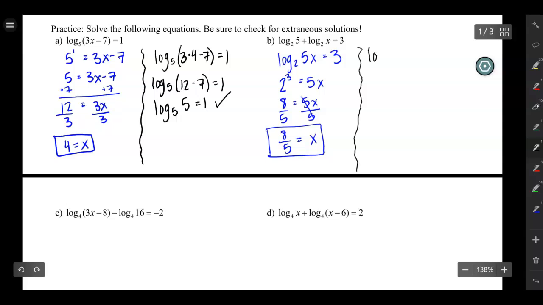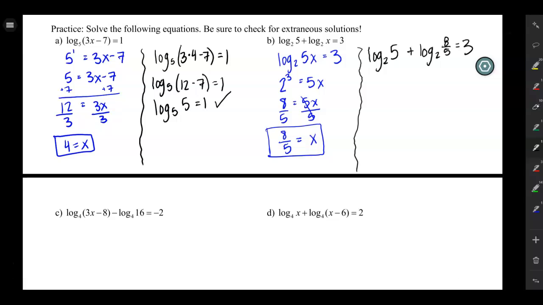So I'm going to go back to my original problem. And wherever I see an x, I'm going to plug in 8 over 5. Okay. Now at this point, it looks pretty messy here, but I can already tell you right now that I know that this is not an extraneous solution because all of the arguments to my log are positive.